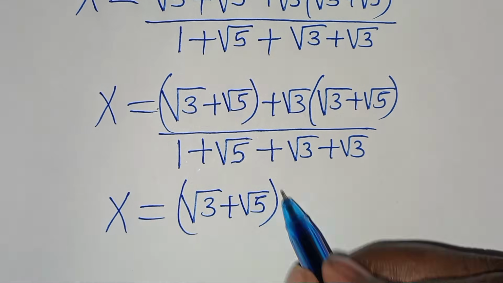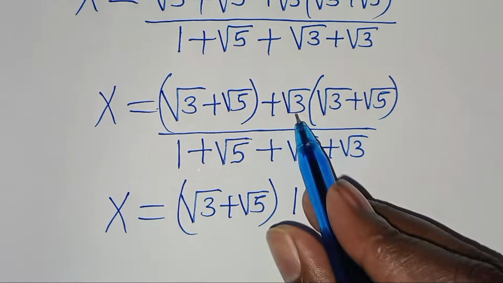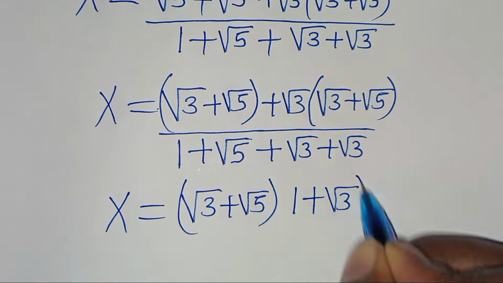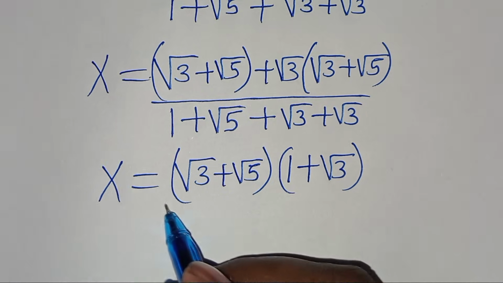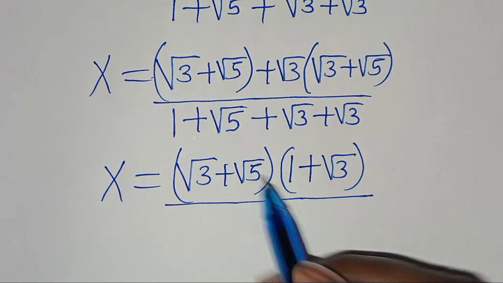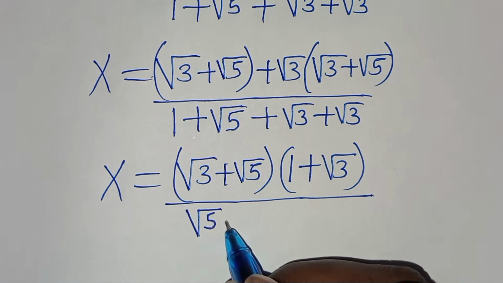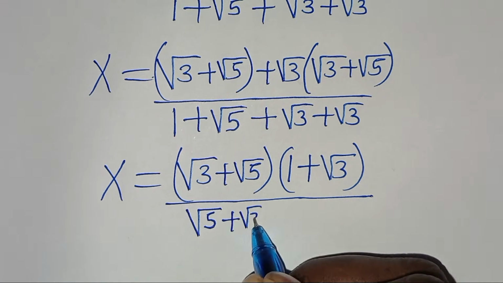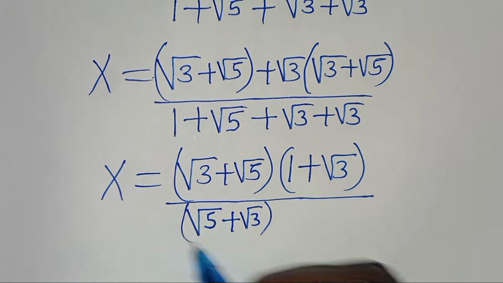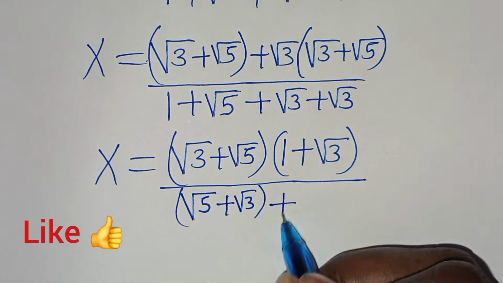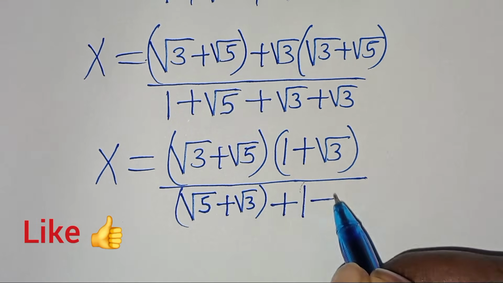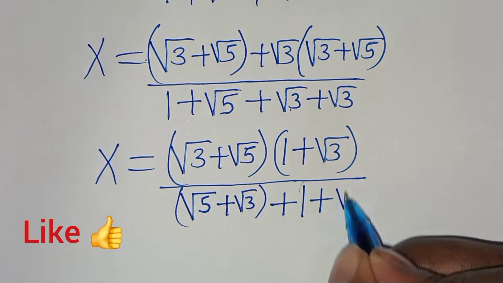Then here we have 1 plus square root of 3, divided by, now here we can express this as square root of 5 plus square root of 3, then plus we have 1 plus square root of 3.